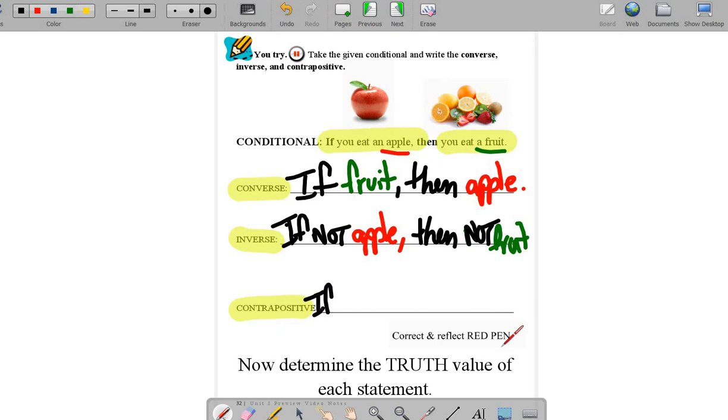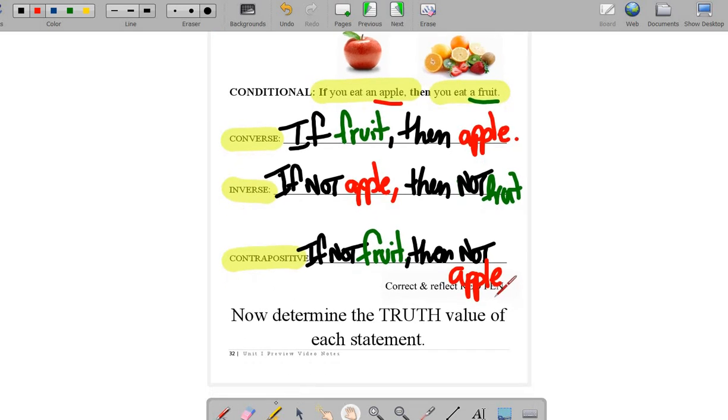So if you've not eaten fruit, then you've not eaten an apple. Okay, so just to take it down to the essentials. The original was apple, fruit. The converse should read fruit, apple. The inverse, not apple, not fruit. Contrapositive, not fruit, not apple.